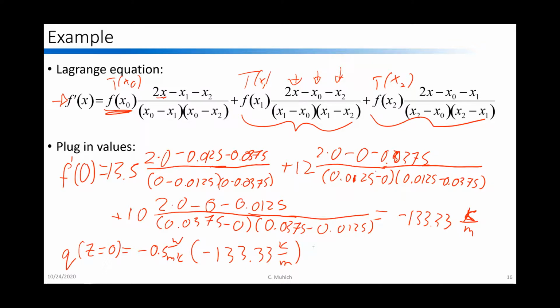So when I multiply all of this out, we have 66.667 watts per meter squared. Right? So this shows us how we can use our Lagrangian equations with analytical derivatives of the Lagrangian equation in order to get a numerical estimate for our derivative with unequally spaced data.